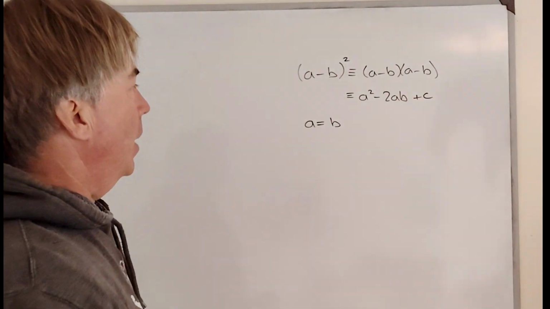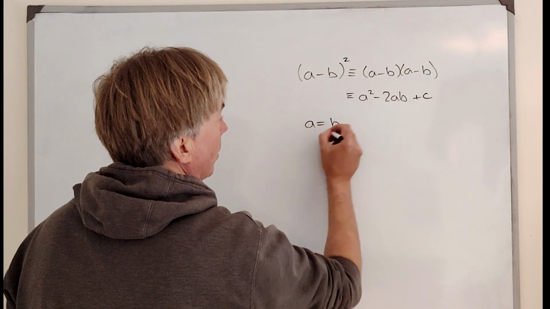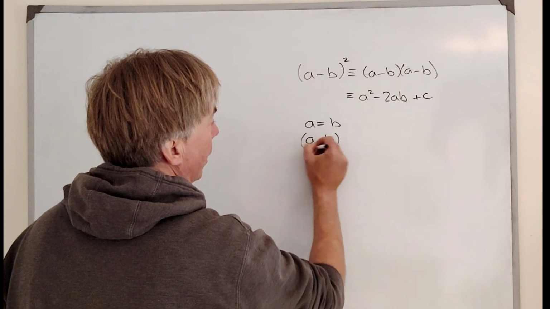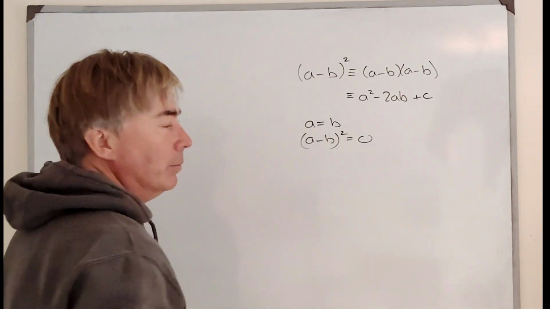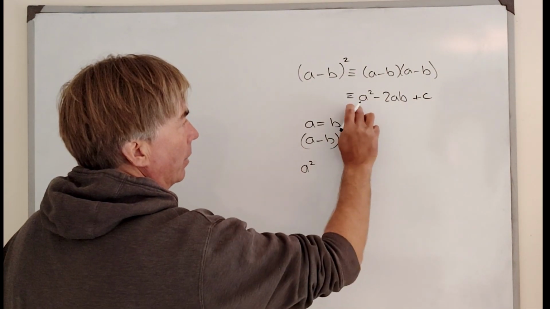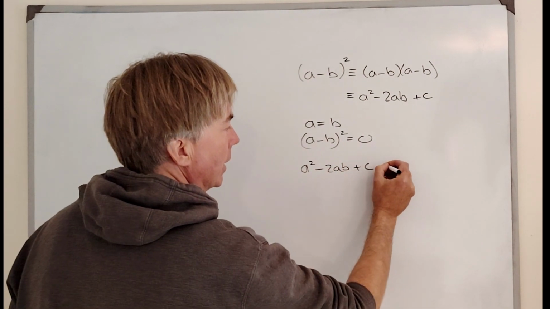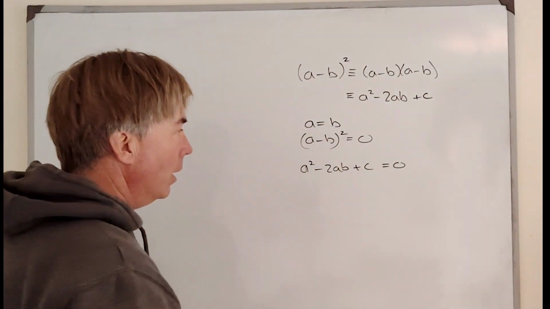I'm going to say that a is equal to b, so therefore (a minus b) all squared is obviously equal to 0. So if I now suggest that this a squared minus 2ab plus our unknown quantity c is also equal to 0, it must be.